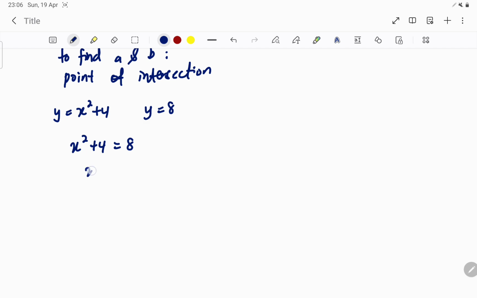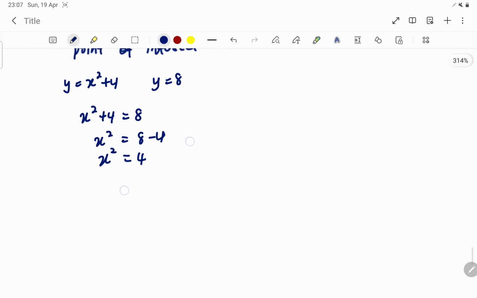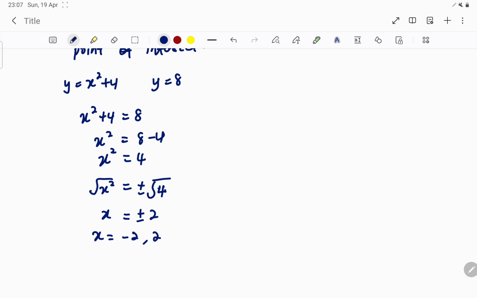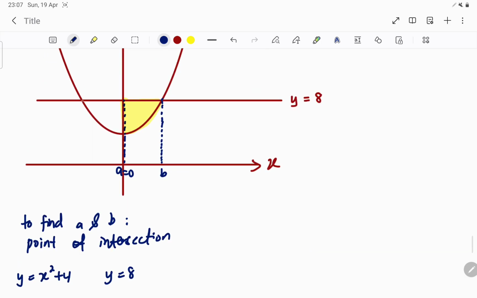Bring 4 to the right side: 8 minus 4 gives 4, so x squared equals 4. Square root both sides, with plus minus, and you get x equals plus minus 2. So from your graph, one intersection is negative 2, and the other is 2. By right, b is equal to 2.